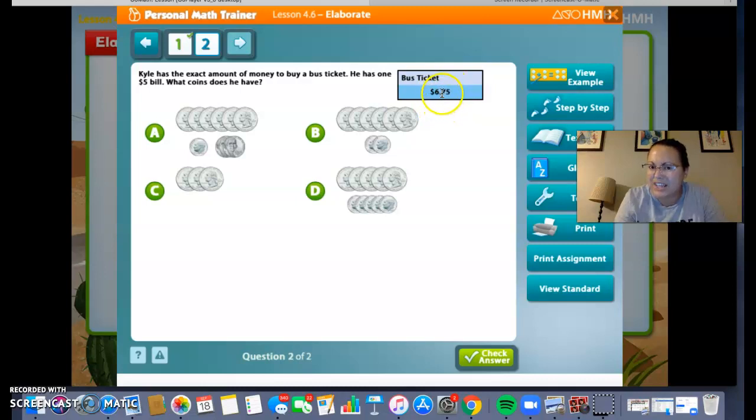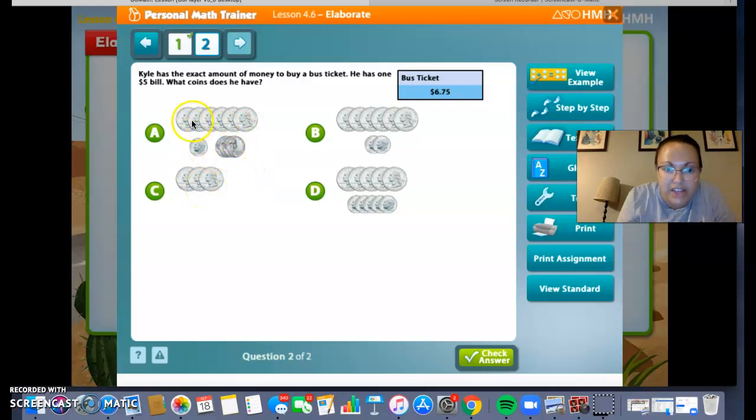If we were taking $5 away from $6.75, well, we know to get from 5 to 6, it's just 1, right? And then the 75 cents. So I think we're going to need $1.75 worth of coins. So let's see. Could it be C? That's just 75 cents. That's not enough.